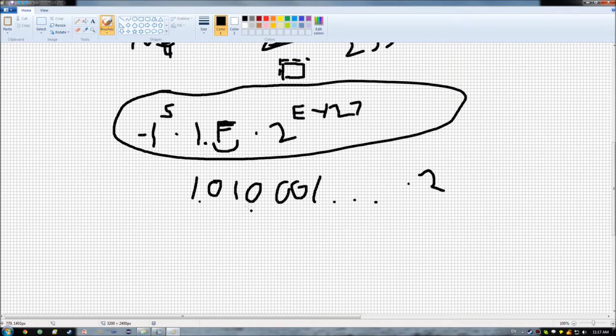Try translating a few numbers to the best of your ability from floating point notation back into decimal, and vice versa. See that you can do it both ways. It'll be easier to start from the binary, given this equation, than to go the other way. But spend some time doing that to understand how it works and be okay with it. This isn't something that we're going to have to deal with beyond this point. It's just useful to know to understand why certain oddities in programming occur.